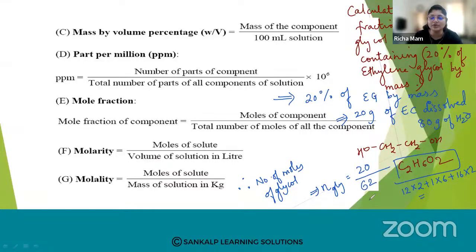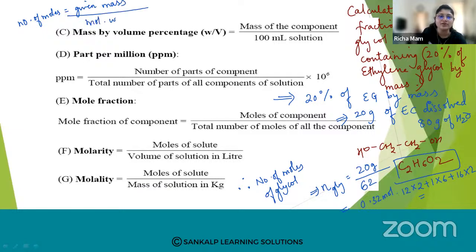After substitution and calculation, the answer comes to 0.32 mole. Because this is 20 grams and this is your molecular weight. Whenever you are calculating the number of moles, remember this one formula: given mass upon molecular weight, or molecular mass.